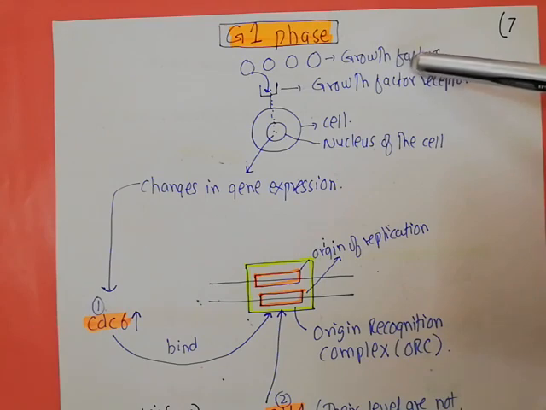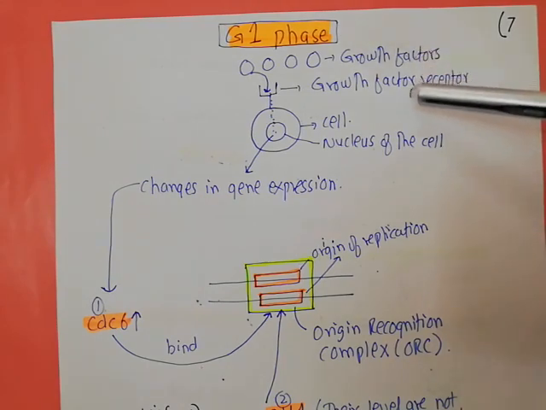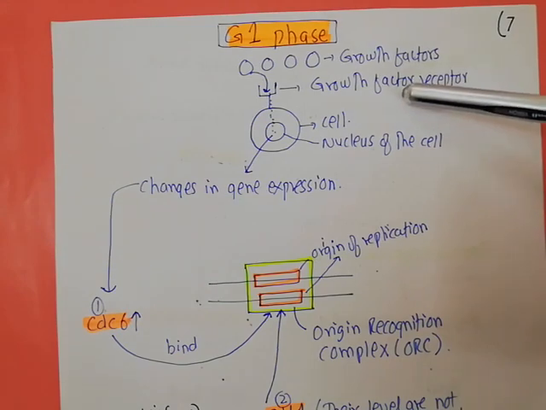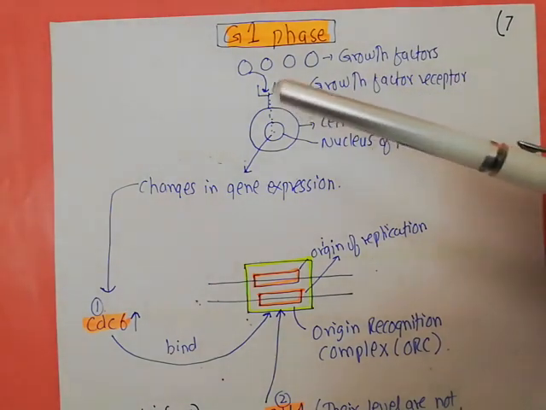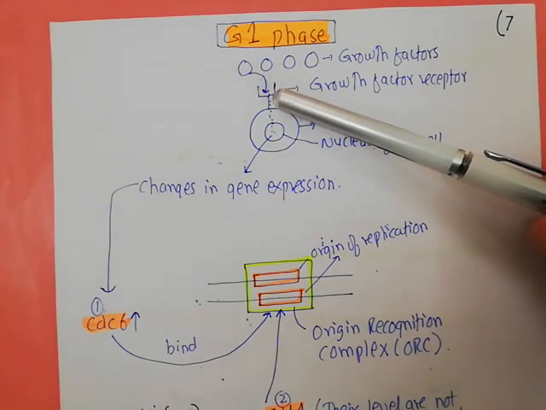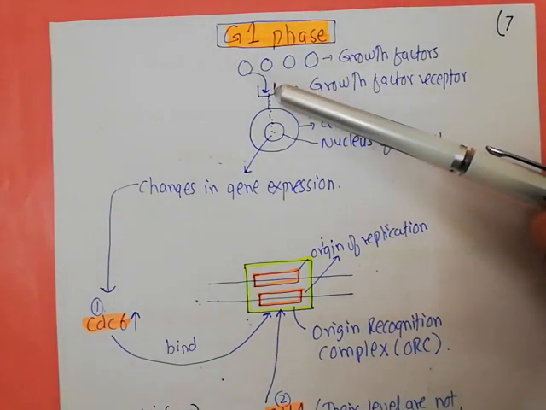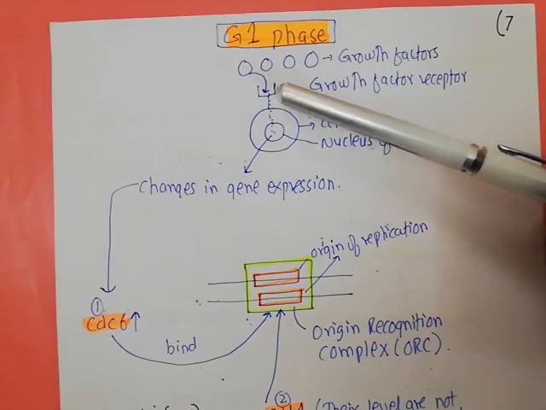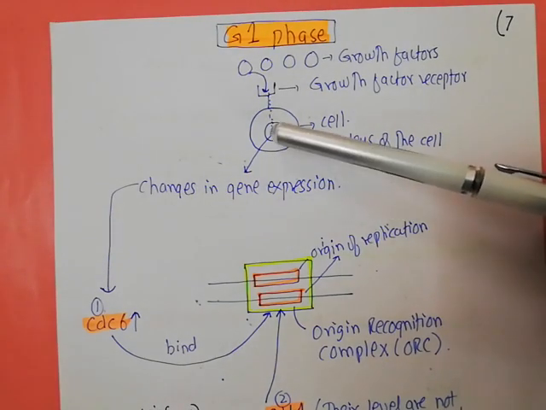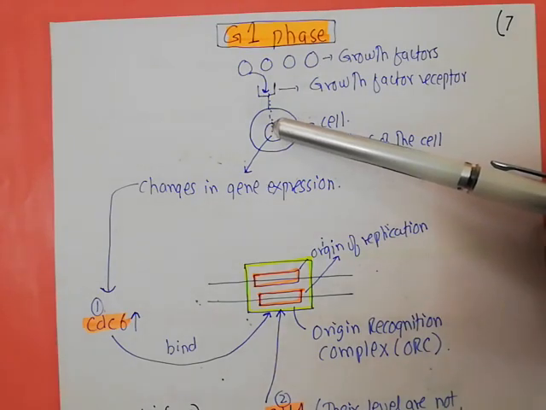Now, if these growth factors are available, they are going to bind to the growth factor receptors which are present on the surface of these cells. The binding of these growth factors to a particular receptor creates a cellular signaling pathway, and the cellular response to these pathways is that the gene expression is going to change in these particular cells.